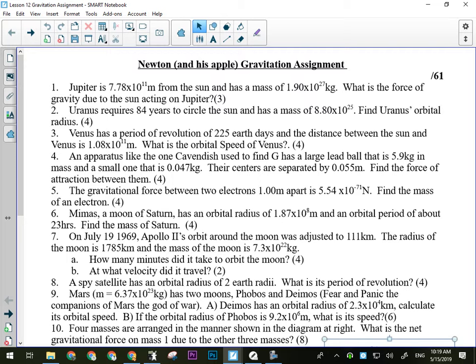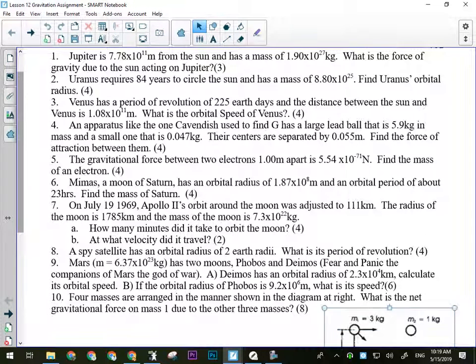Number 4 is about Cavendish's experiment with the torsion balance, the lead spheres and the little pith ones. It's just asking you to find the force of attraction between them. Again, looking at keywords, this is asking for the force of attraction, not the rate of attraction that we talked about yesterday. Gravitational force between two electrons 1 meter apart is given there.